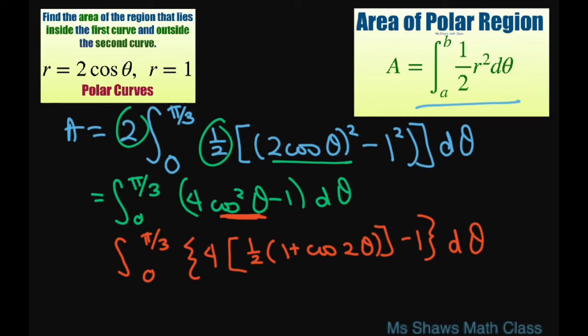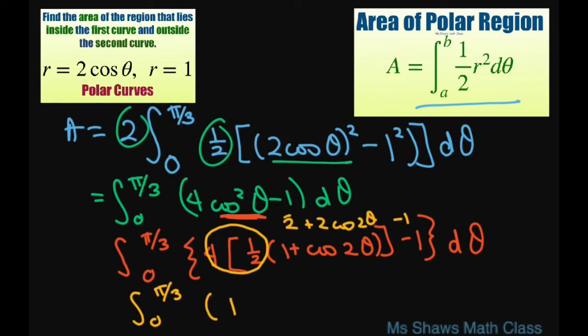So basically what happens is you're going to get 4 times 1/2 is 2. So I'm going to simplify this. This is going to end up being 2 plus 2 cosine of 2 theta, and then you still have this minus 1. So that's going to leave us with the integral from 0 to pi divided by 3 of 1, because 2 minus 1 is 1, plus 2 cosine of 2 theta d theta.